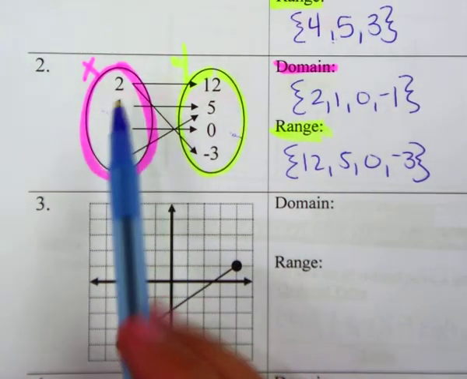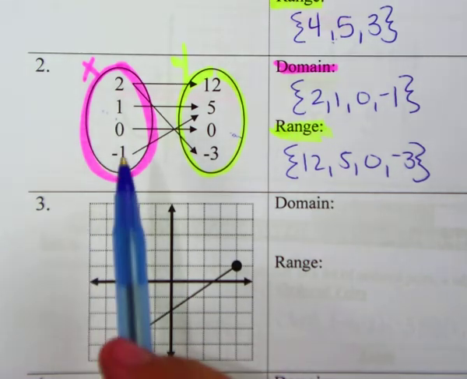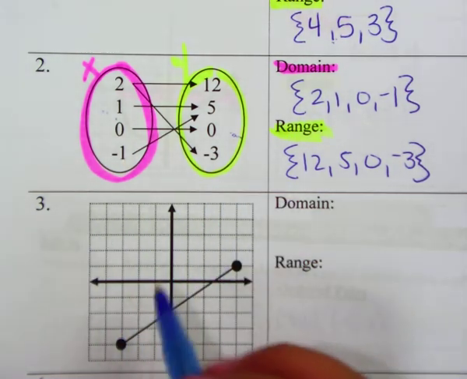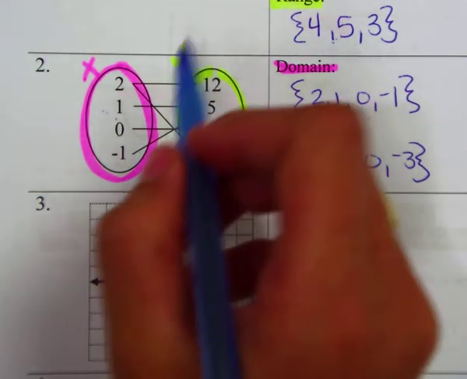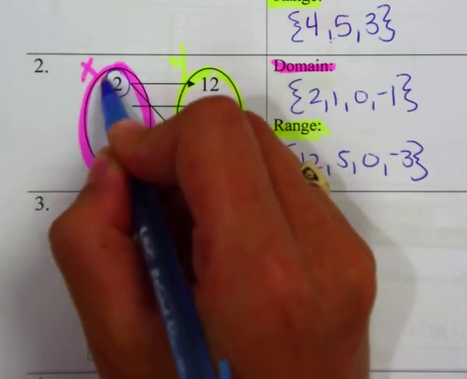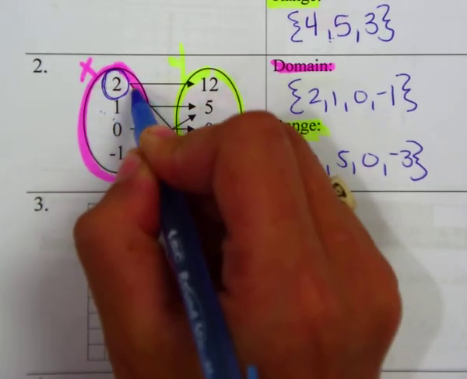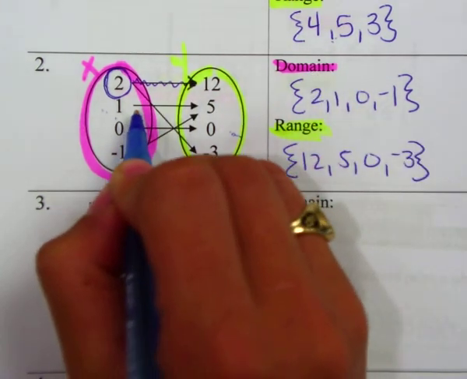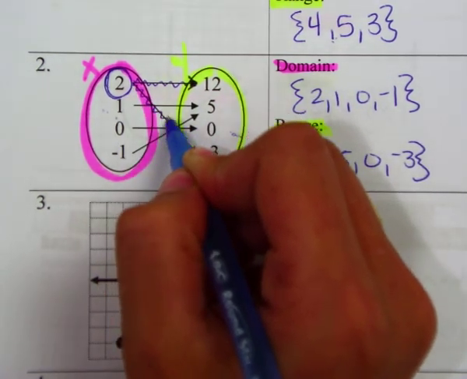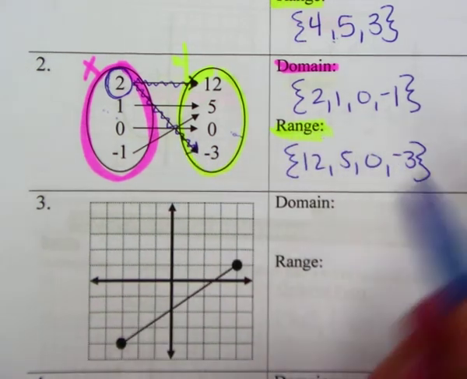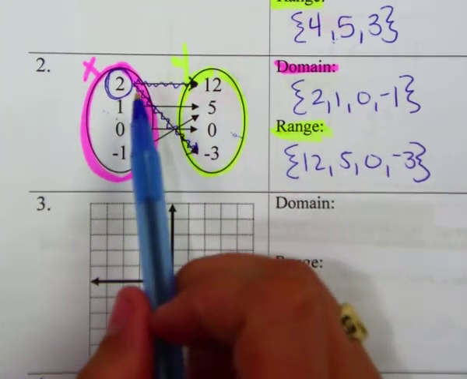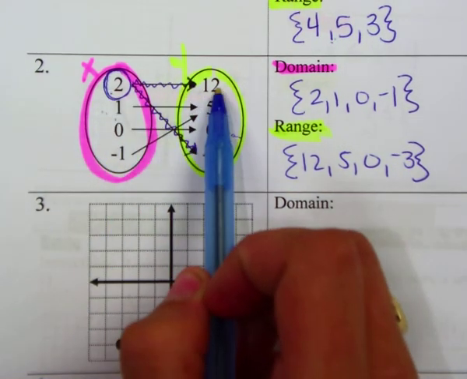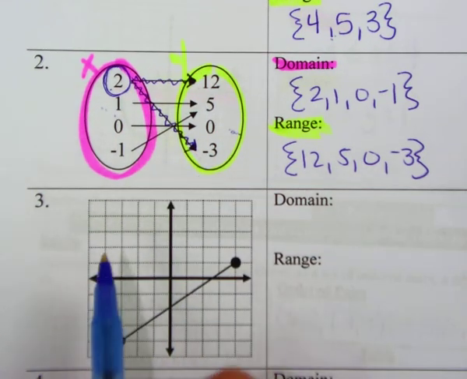Now, is this a function? The answer is no. And the reason the answer is no is because the number 2, if the input is 2, the output is 12. The input is 2, the output is also -3. So this is like saying the number 2 has a birthday on the 12th and the number 2 has a birthday on the -3rd.